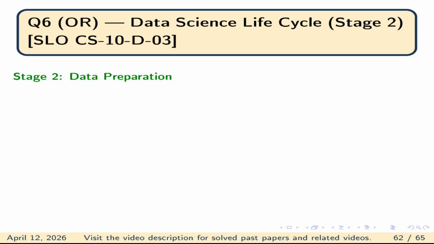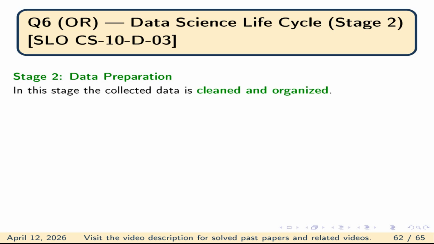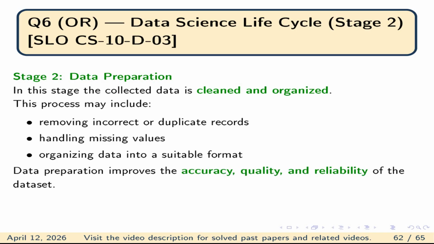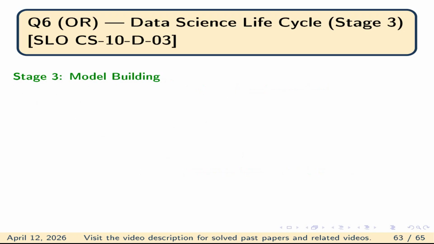Stage 2, data preparation. In this stage, the collected data is cleaned and organized. This process may include removing incorrect or duplicate records, handling missing values, and organizing data into a suitable format. Data preparation improves the accuracy, quality, and reliability of the data set.